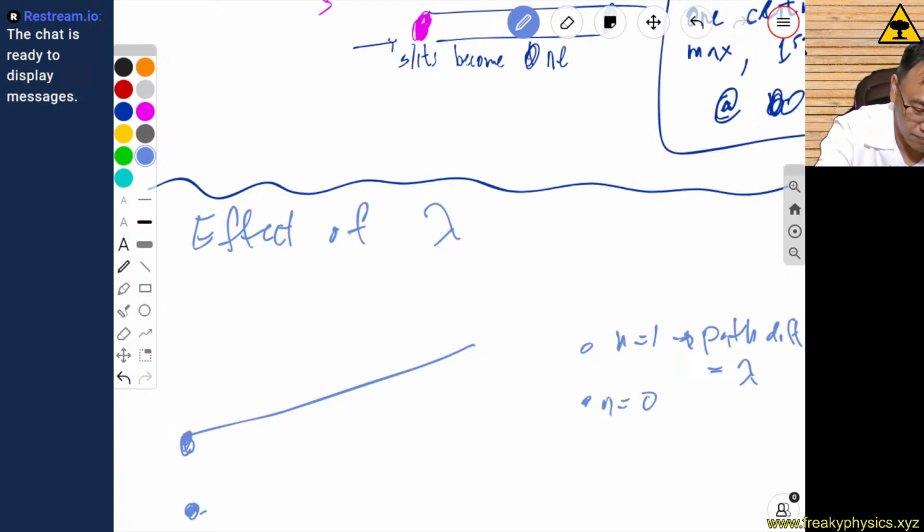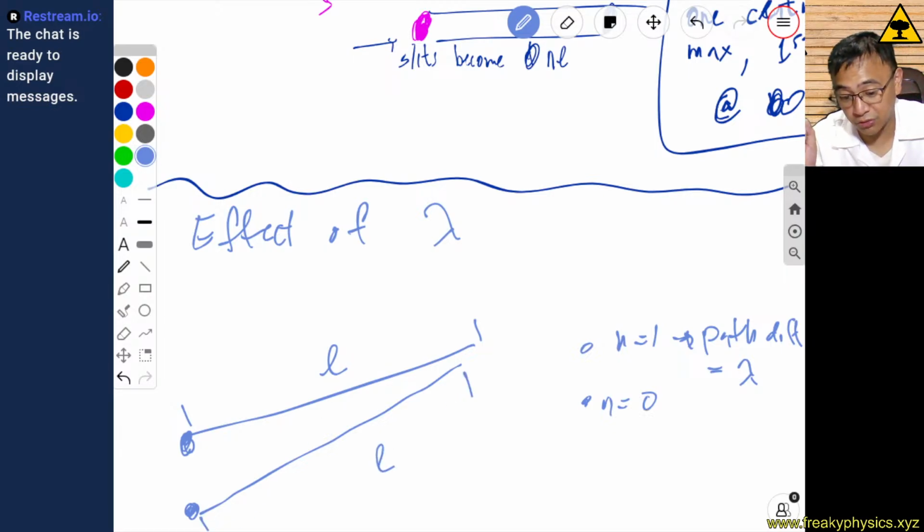Now what's going to happen here is it's going to be a bit short. If this distance is L, then this distance is L. You can see that it's a little bit short, right? Now for this to meet here, in fact, blue is a bad idea. Let's use pink. You see this little length here? This length here is equal to lambda if this is the first maximum.